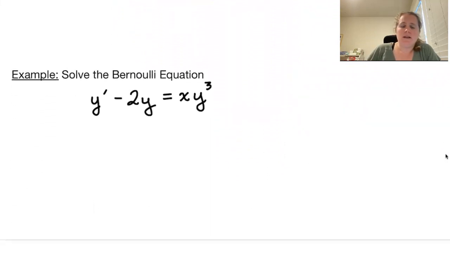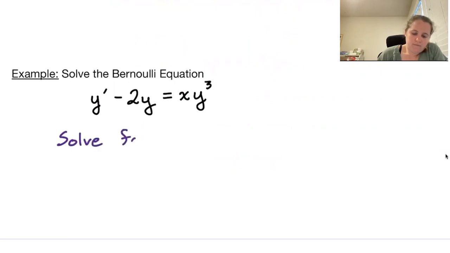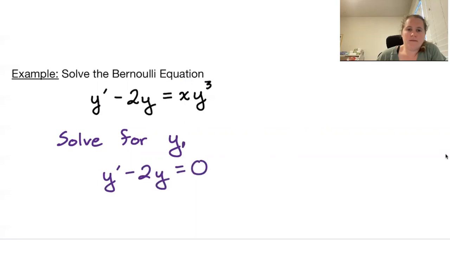So from here, let's go ahead and look at the Bernoulli equation y prime minus 2y is equal to xy cubed. So again, we'll first solve for our y1. And we look at our usual y prime minus 2y equals 0 to solve that.